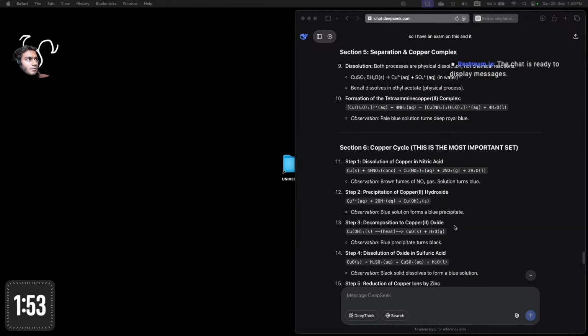Separation of copper complex. Now we got to section 5. Okay, so this is section 4's equations. Separation and copper complex. Dissolution.